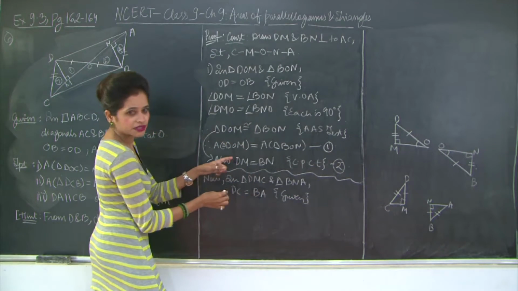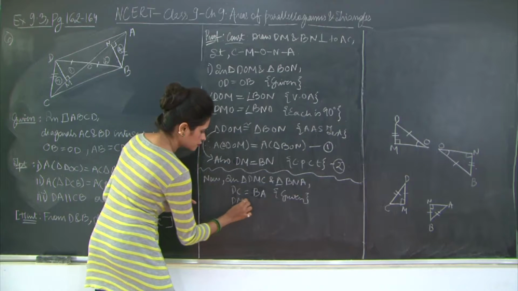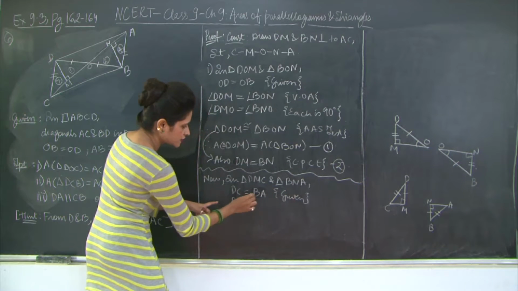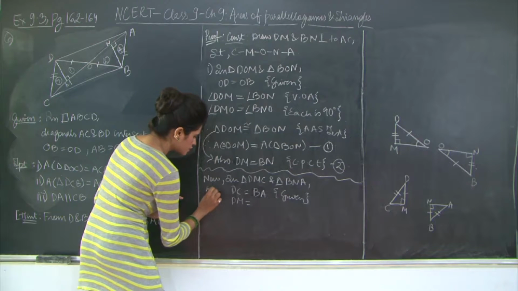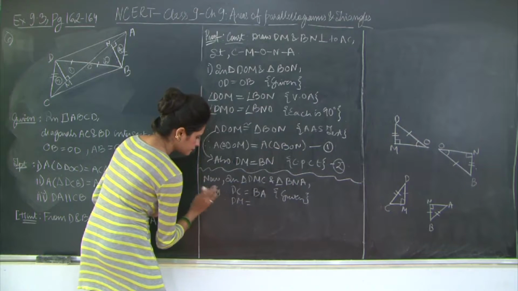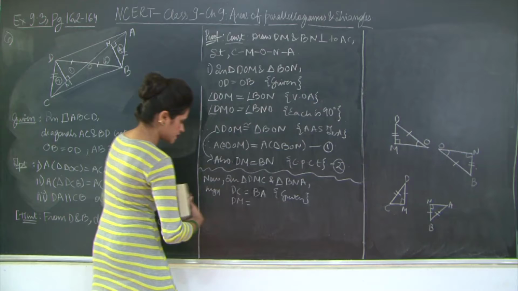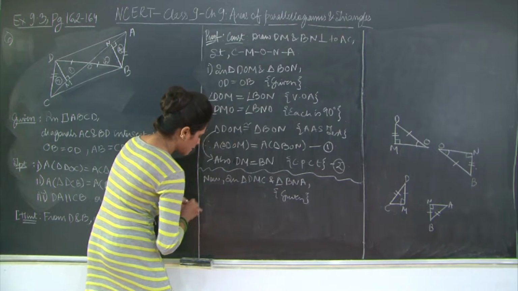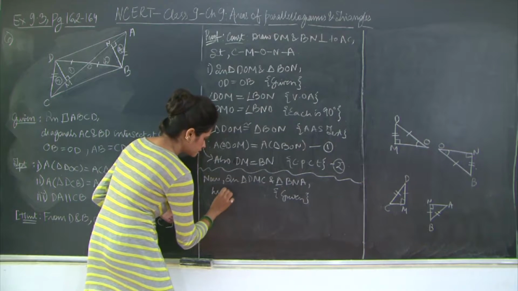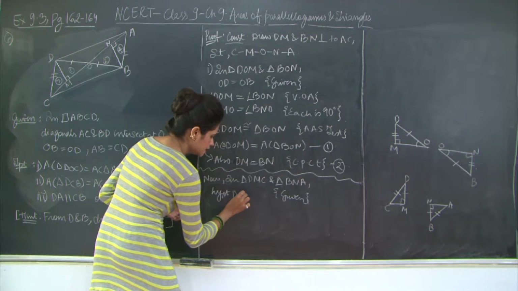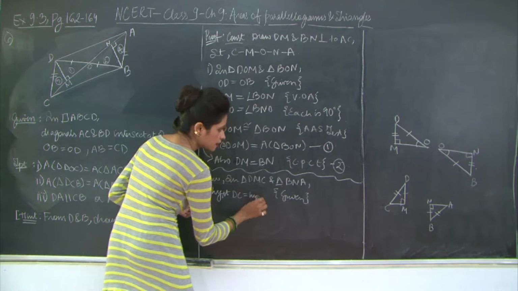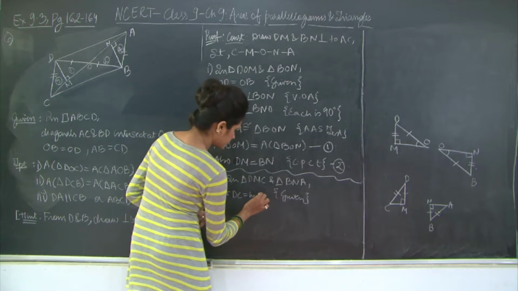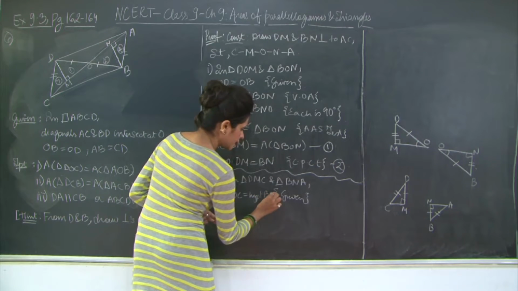Also I have DM is equal to BN, and in fact for DC and BA I am going to say hypotenuse DC is equal to hypotenuse BA, right?